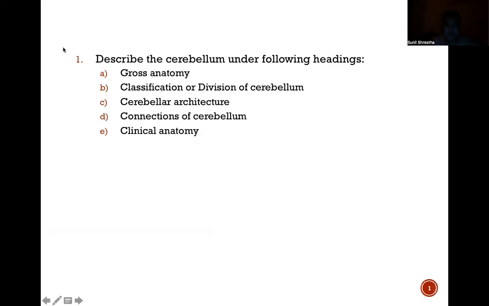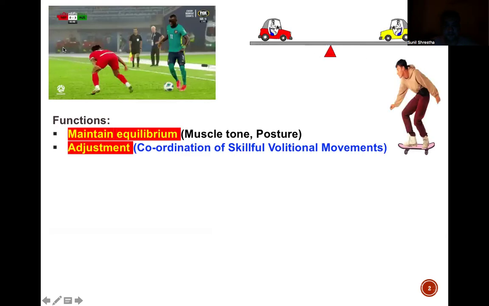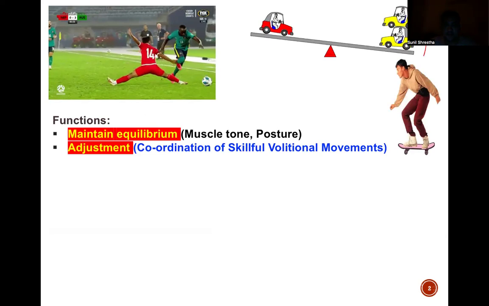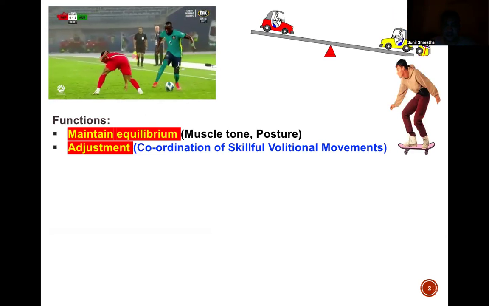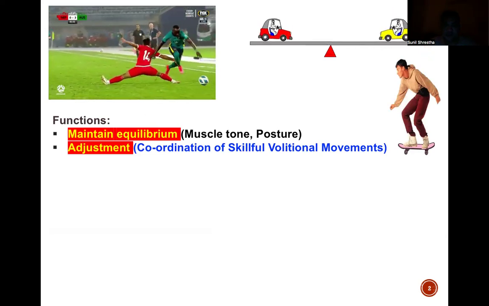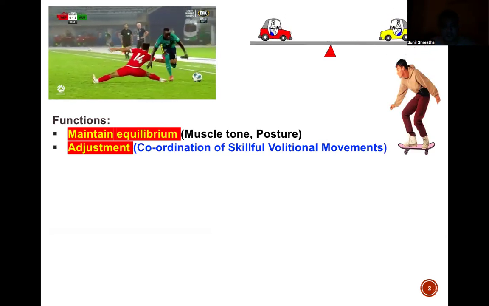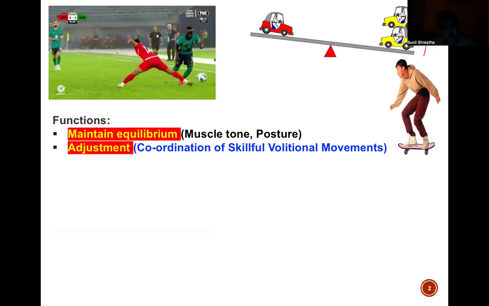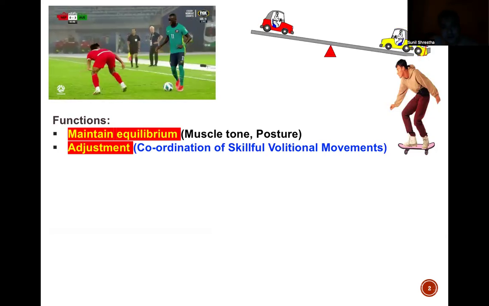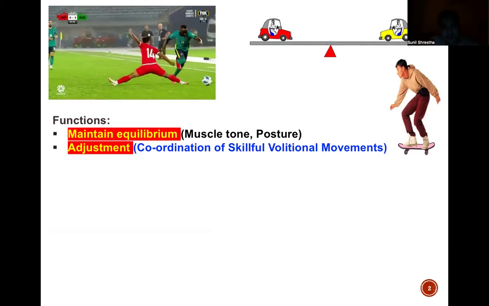So let's start with the cerebellum. As you know, the main function of the cerebellum is equilibrium. It is responsible for the adjustment of coordinated movements that a person is doing, or any action that a person is performing.